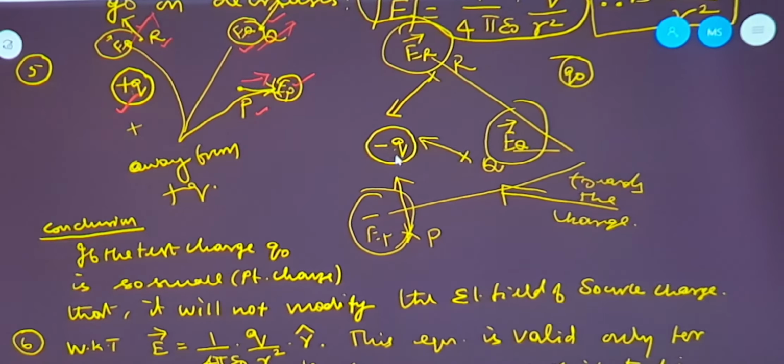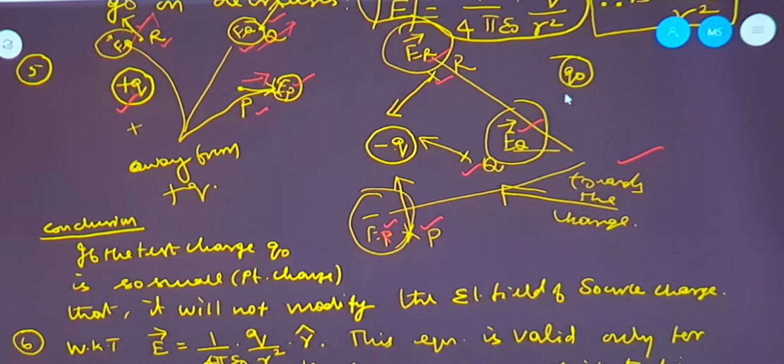Similarly here, if you are considering the negative charge and considering 3 points, one as P, another as Q, another as R, at point P you have the electrical field EP, at Q, EQ, at R, ER. Since the source charge is negative, these electrical fields are acting towards the charge.